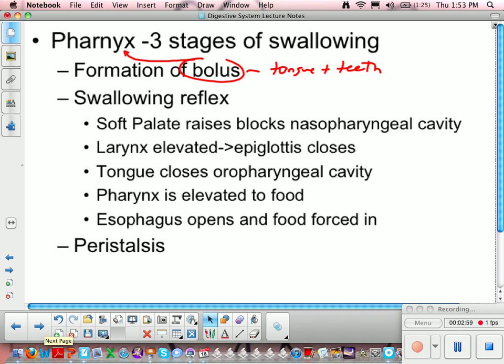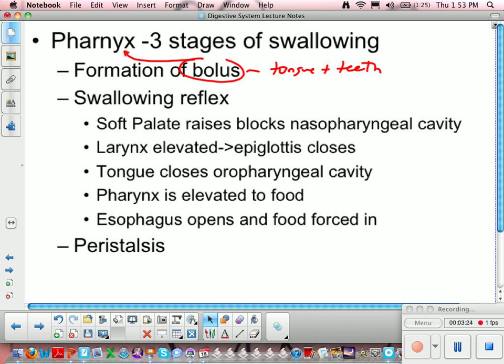The next thing that's going to happen is we're going to swallow that. To swallow it, the soft palate raises up and blocks the nasopharyngeal cavity. And then the larynx also becomes elevated during swallowing. When it elevates, the epiglottis closes.